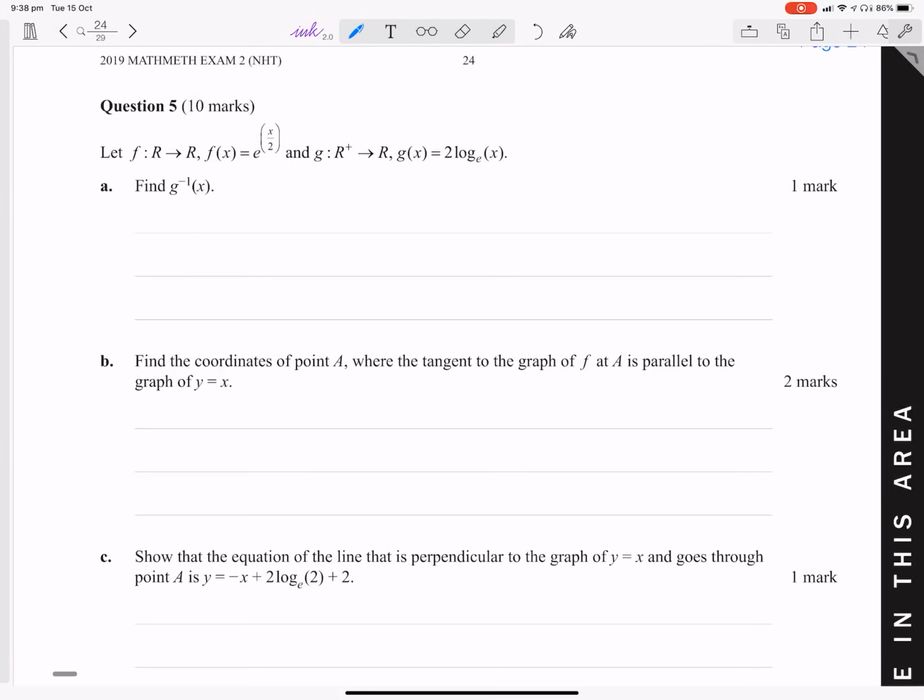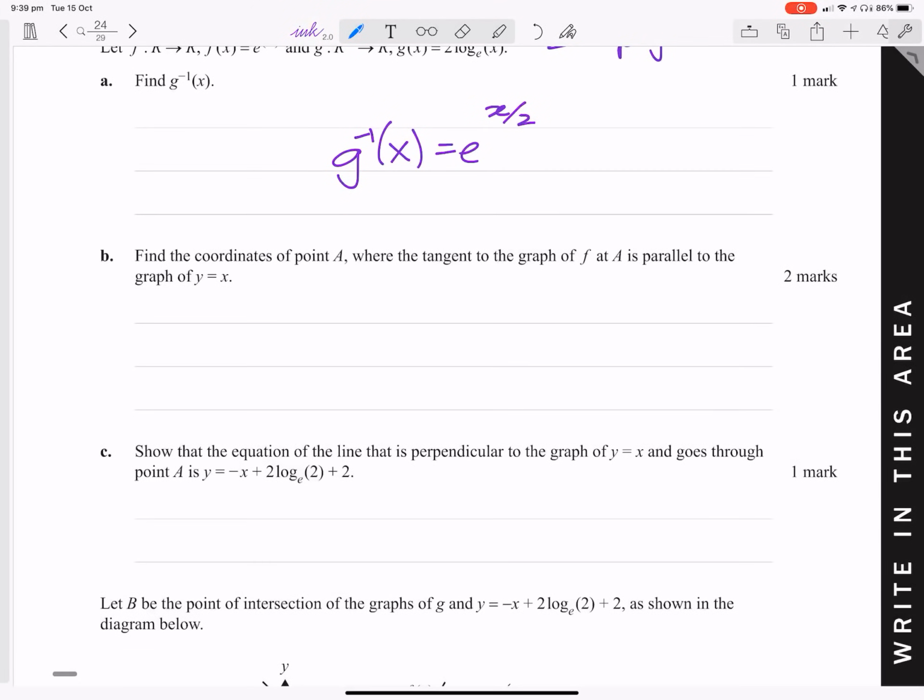So if we had 2 log e y equals x, y equals e to the x on 2, which is the same as f of x. So g inverse of x is e to the x on 2. I wonder if that's what they're trying to tell us, that they are the inverses of each other. I think it could be.